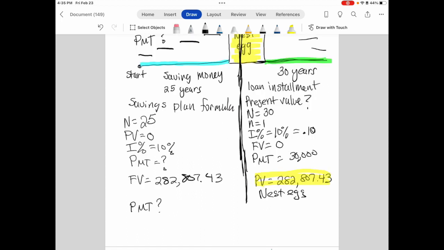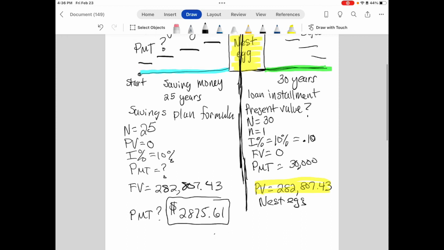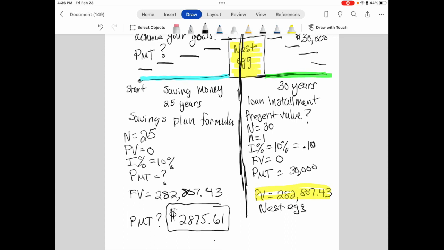When you get your answer for the payment, which is our final answer, you should get $2,875, and when we round to 2 places, we get 61 cents. So this is what he needs to put in the bank every year for 25 years in order to have that nest egg at the end of the 25 years. So then he can use that money to withdraw $30,000 every year for 30 years.